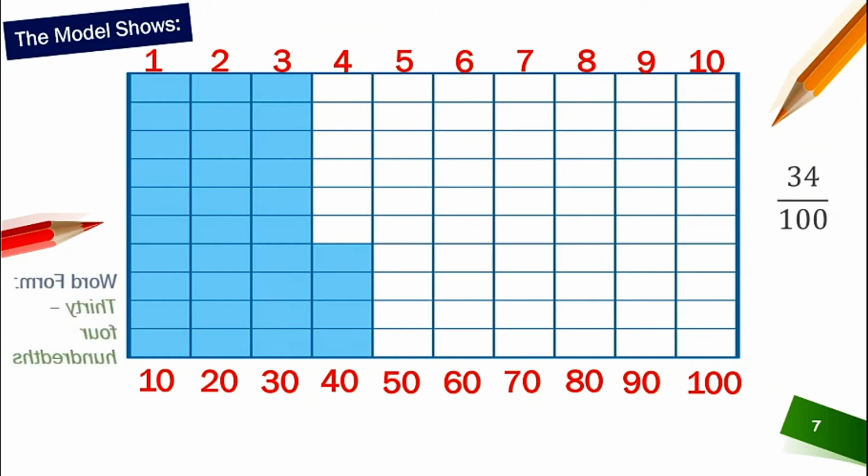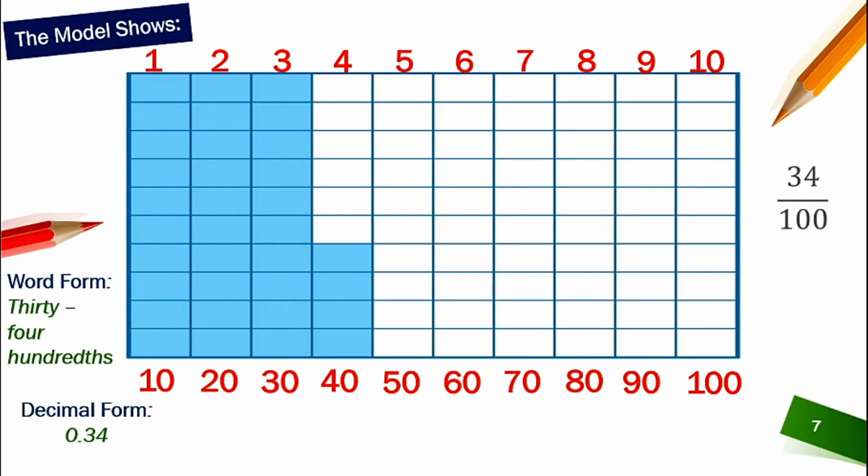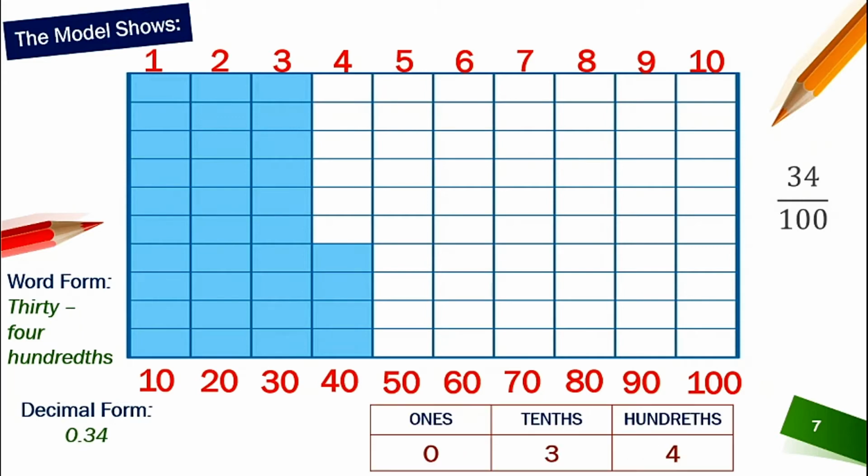In word form, 34 hundredths. In decimal form, 0.34. In our decimal place value chart, it looks like this. Our ones is 0, followed by the decimal point. Tenths is 3, and hundredths is 4.